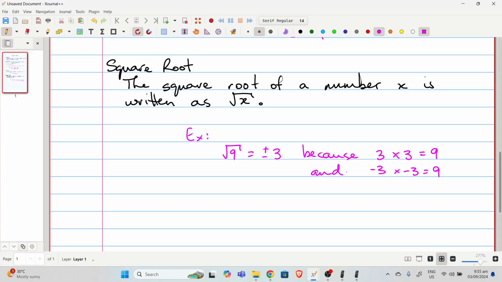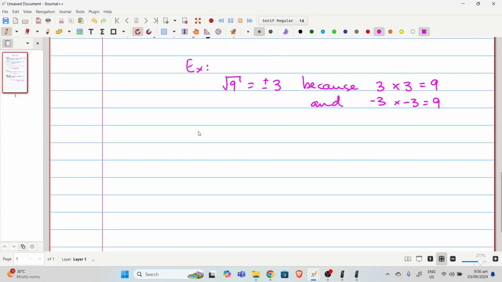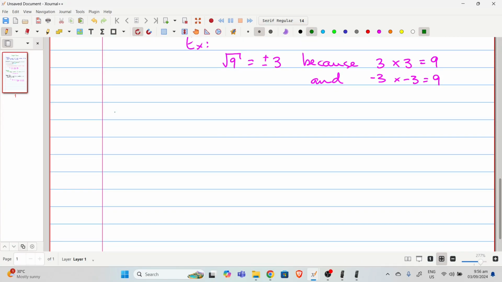So when I think of a square root, I'm thinking of a number that, when multiplied by itself, would give me that x value. In this case, x is 9, so the square root of 9 is plus 3 or minus 3. And the other common one that we're going to have is cubes.